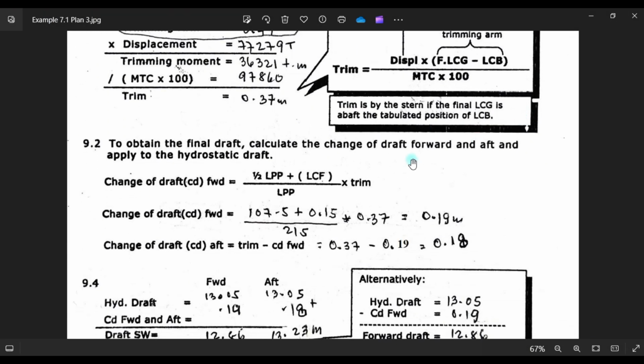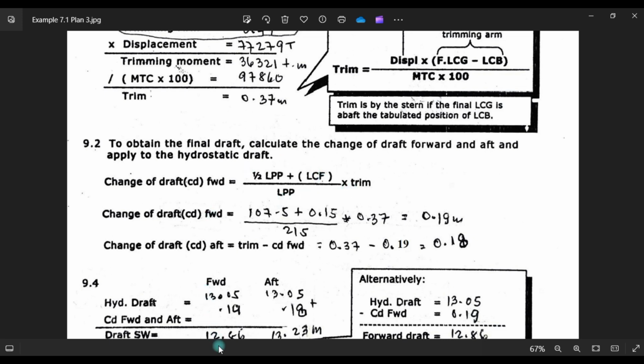After you have the trim, the next thing to do is to get the change of drop forward. The formula is 1/2 LPP plus LCF over LPP times your trim.